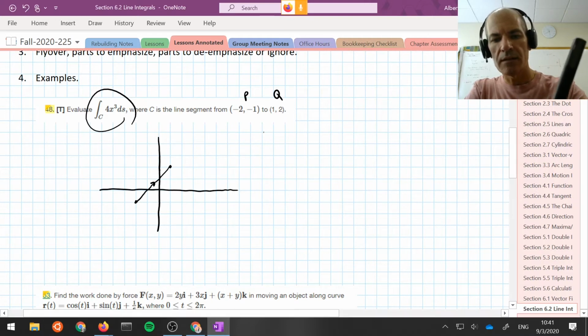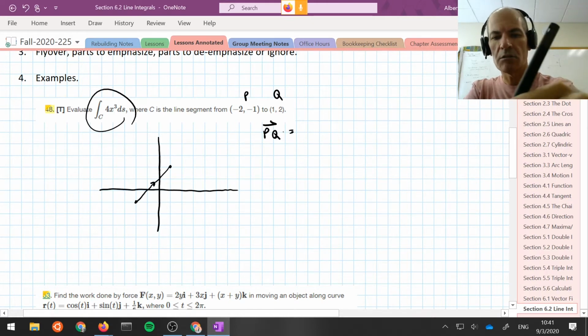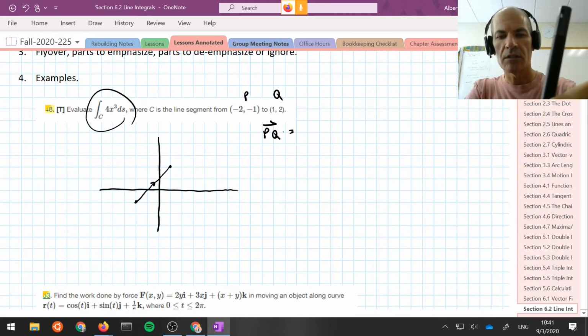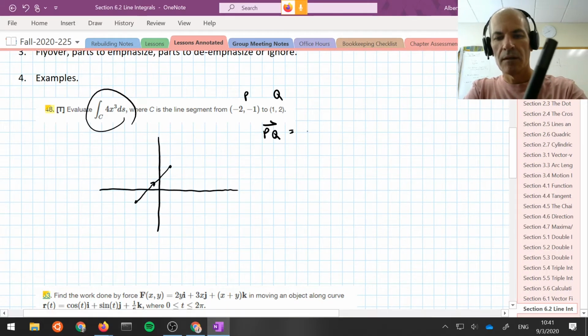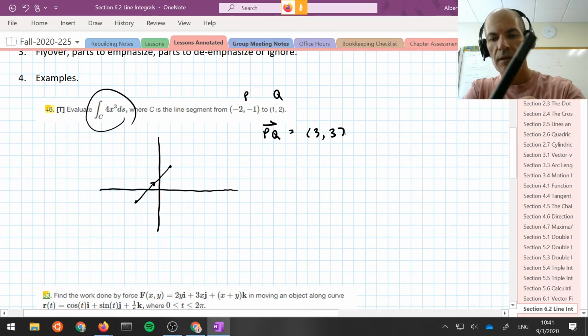So we know that PQ, the vector from P to Q, is given by Q minus P. So that's going to be 3, and so that's 1 minus -2 and 2 minus -1, 3.